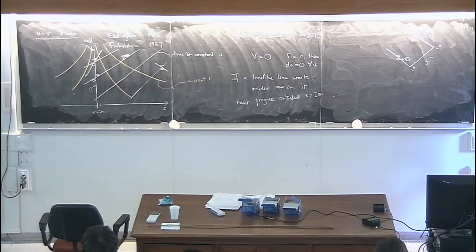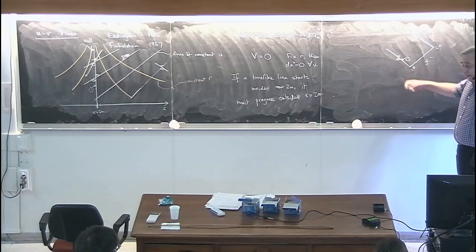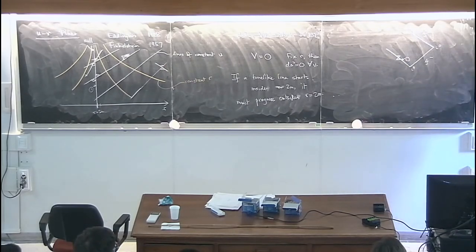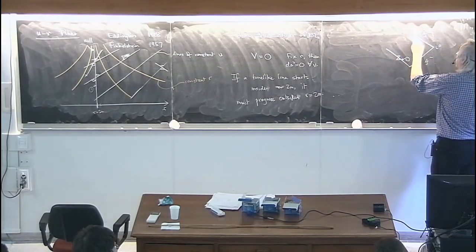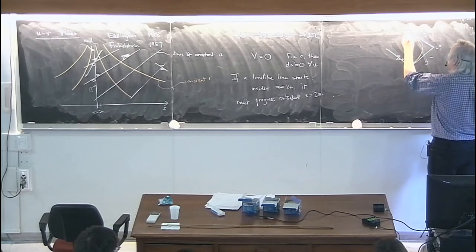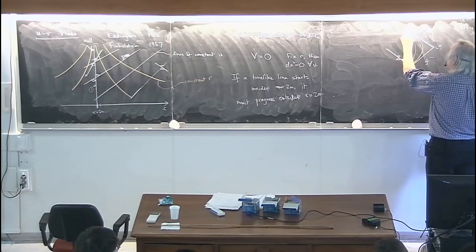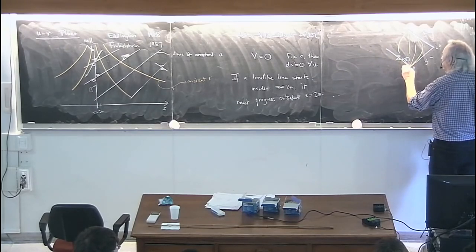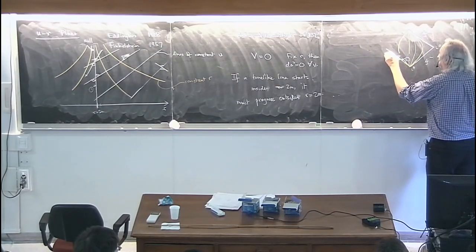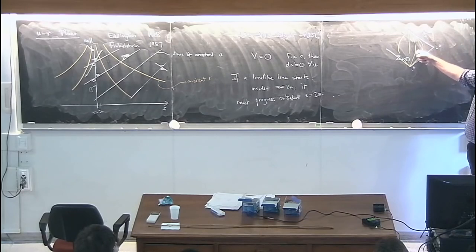But something bizarre is happening here. If you try to draw lines of constant r in this picture, let's do that in orange so that it corresponds to this orange. Out here, lines of constant r look just like they would in Minkowski space. But this is a line of constant r. Here, all these lines are time-like.